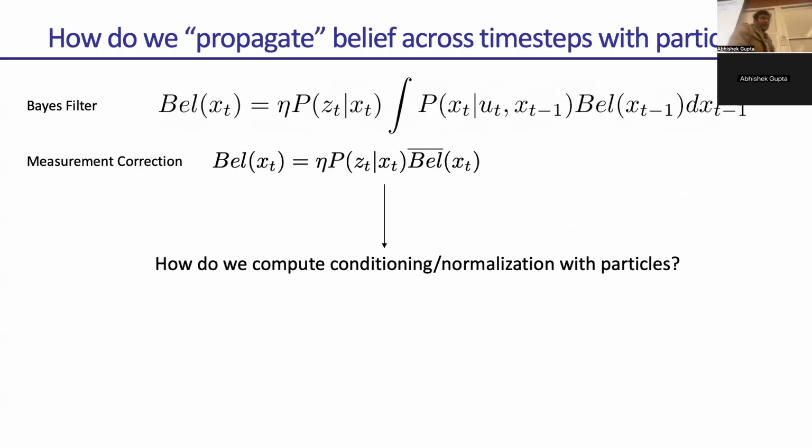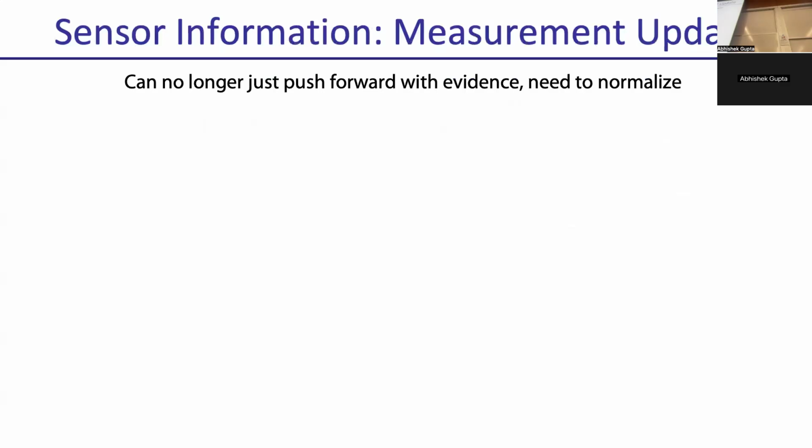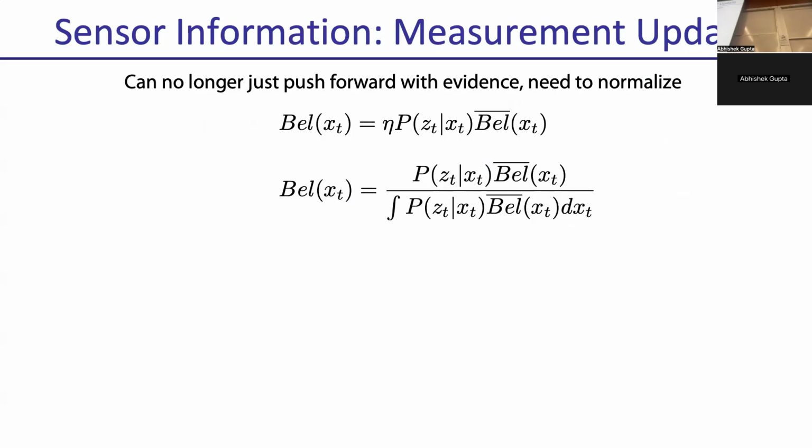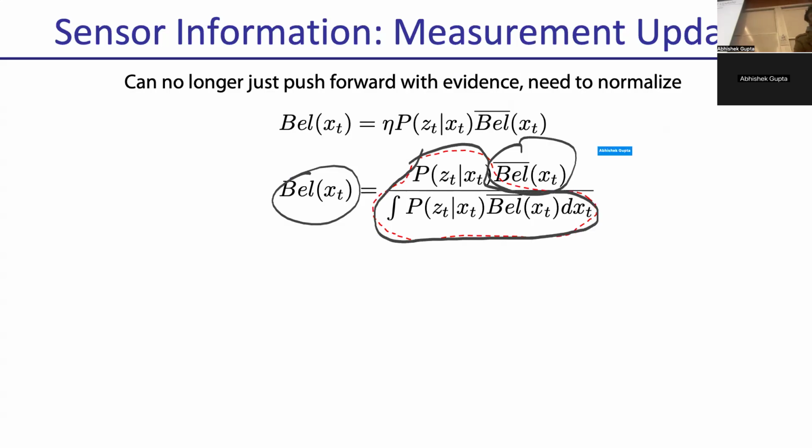And so the trick is that you don't just say that I have a list of particles, but I have one weight per particle, right? So if there are k particles, you have k weights. And the way to think about it is that to go from belief bar to belief, you can think of this as a reweighting factor. It's a reweighting factor for everything in belief bar, right?